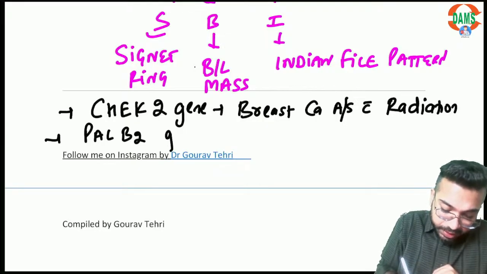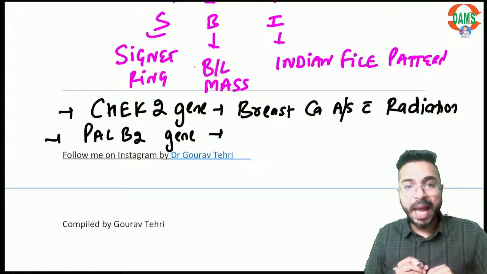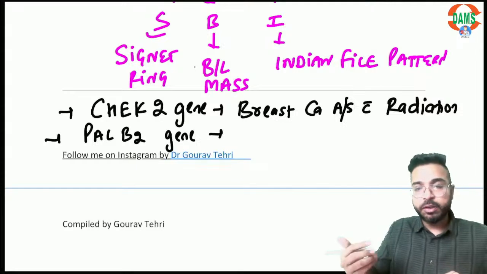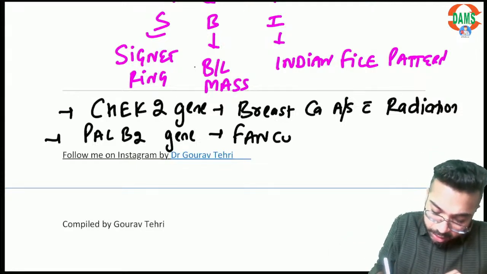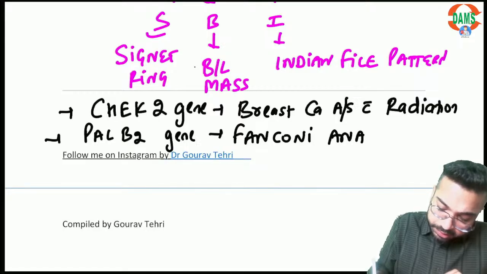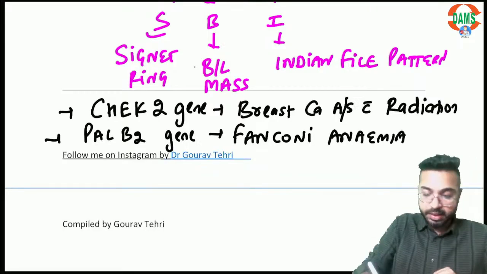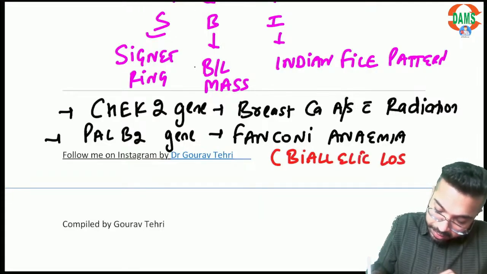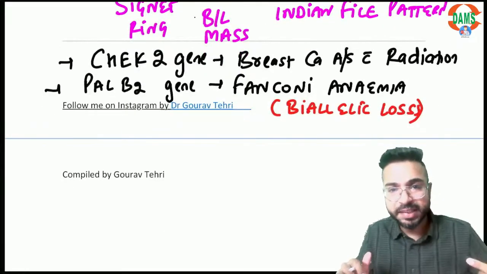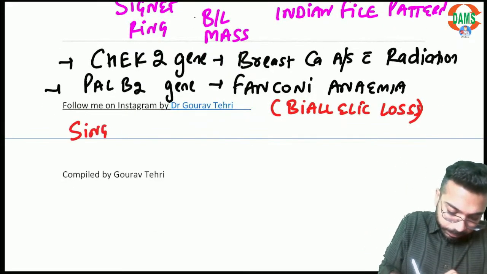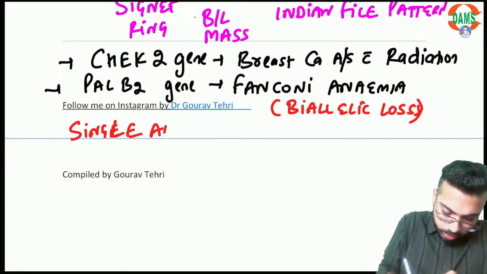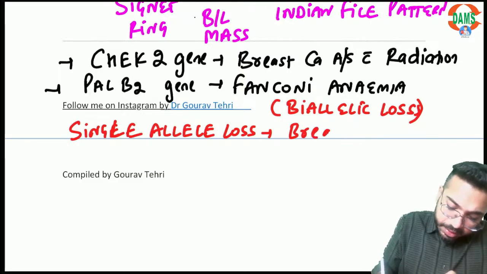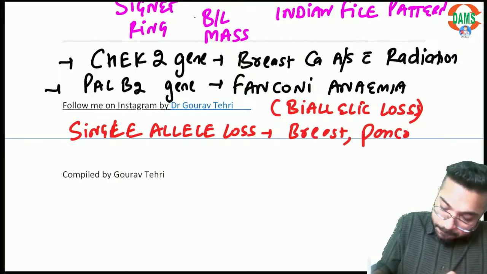This was last year INICET. For my upcoming students, remember PALB2 gene, it is because of single allele or biallelic loss. Single allele loss will cause breast cancers or pancreatic cancers, but biallelic loss of PALB2 gene is linked with Fanconi anemia.